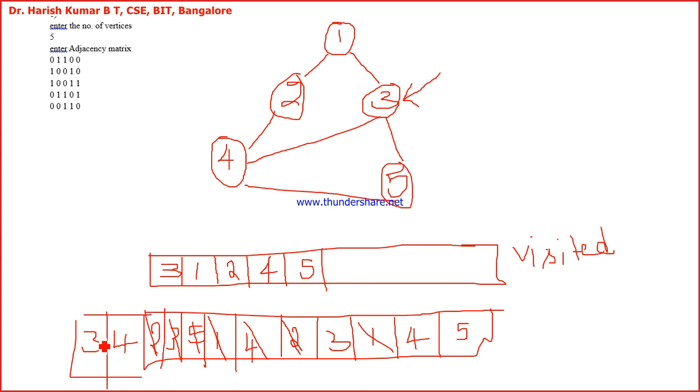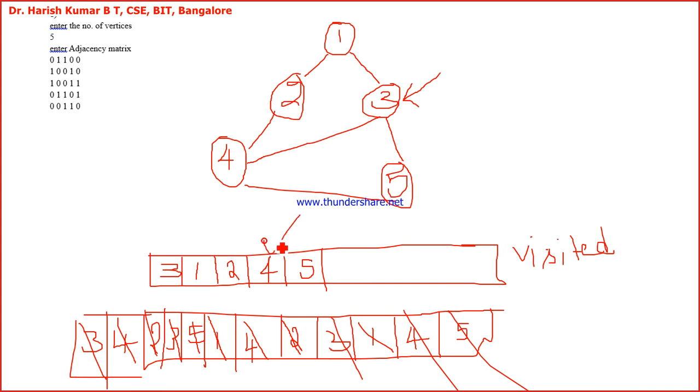Now 3 is already visited, so pop it. Next 4 is already visited. If it is already visited, you just pop it. Next the top of the stack is 3. 3 is also visited, pop it. 4 is also visited, pop it. And 5 is also visited, pop it.